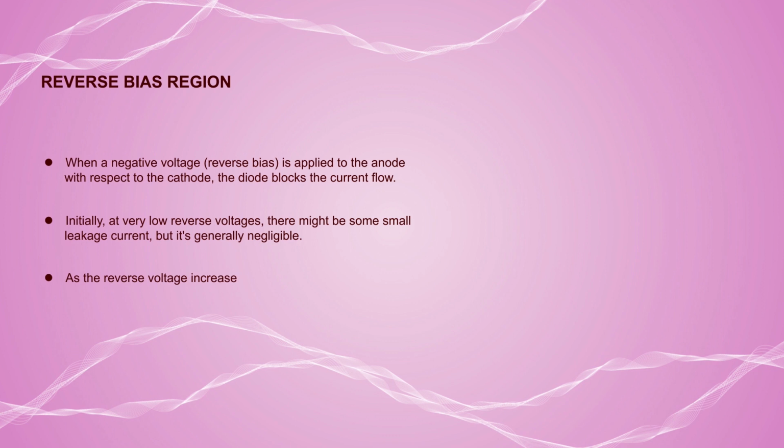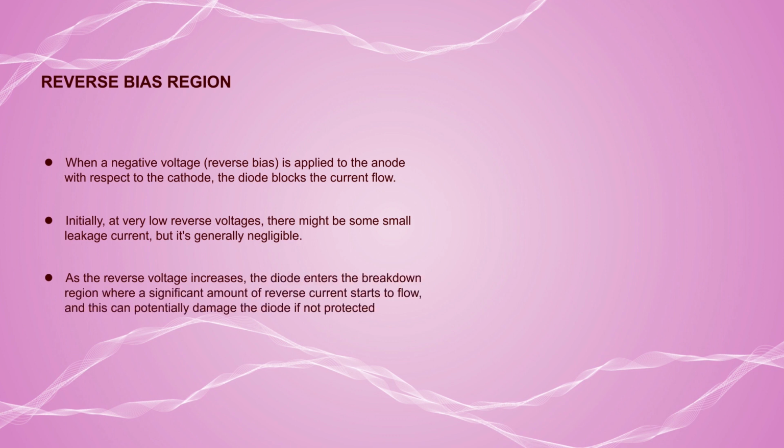So, as the reverse voltage increases, the diode enters the breakdown region where a significant amount of reverse current starts to flow, and this can potentially damage the diode if not protected properly. So, we can see from this characteristic that in the reverse bias region, the diode should be protected from working beyond the reverse breakdown voltage, unless it is used for an application in the reverse direction.